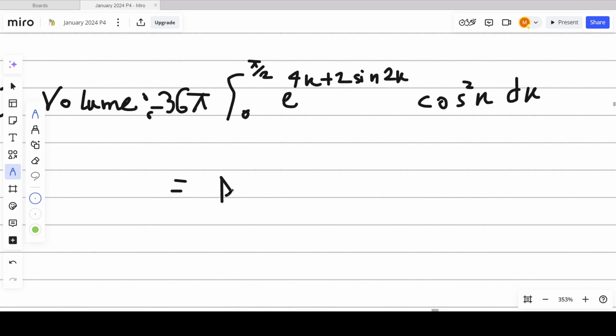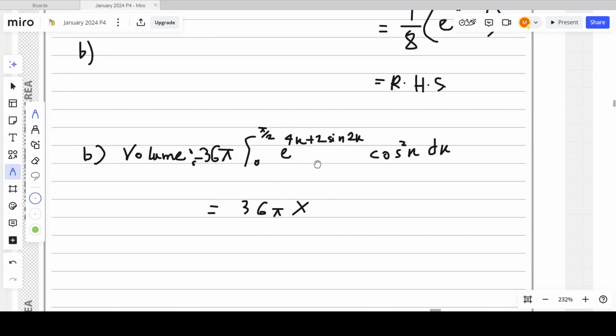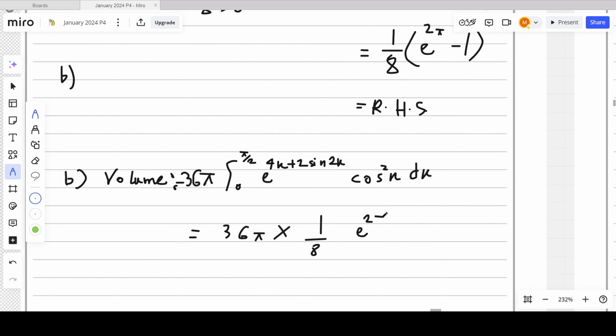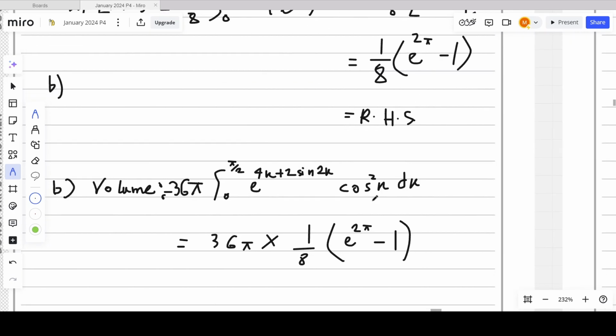36 pi times what? 36 pi times the value we got earlier. It was 1 over 8 e to the power 2 pi minus 1. Everything is fine.